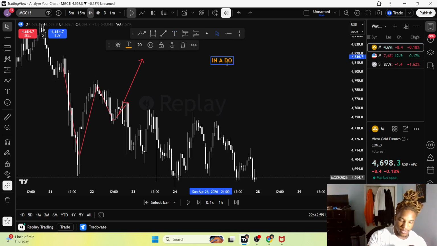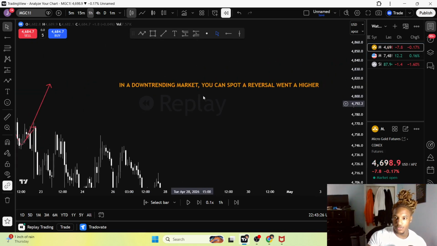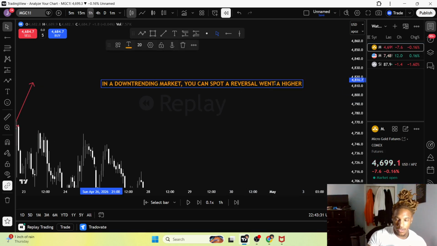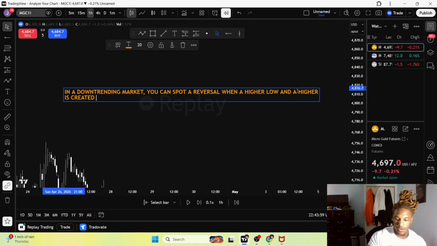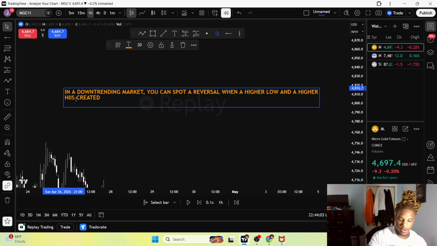In a downtrending market, you can spot a reversal when a higher low and a higher high is created.